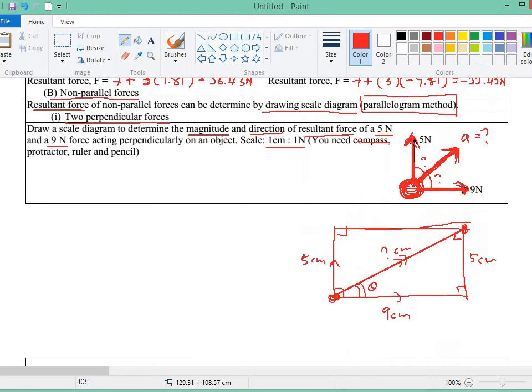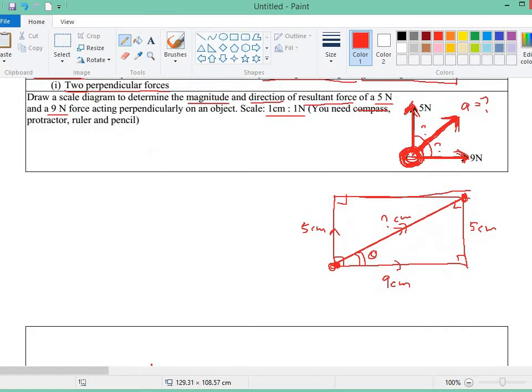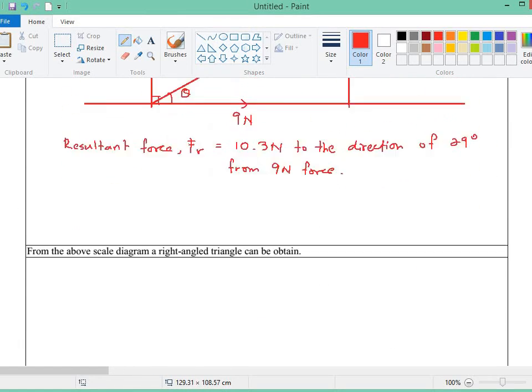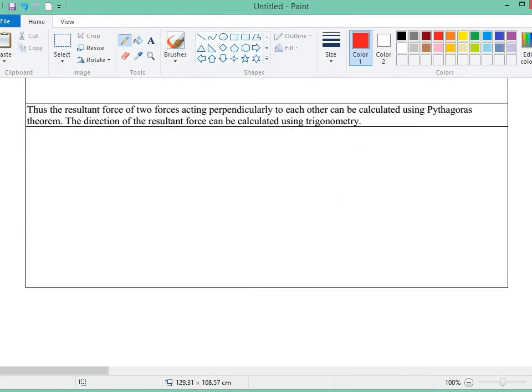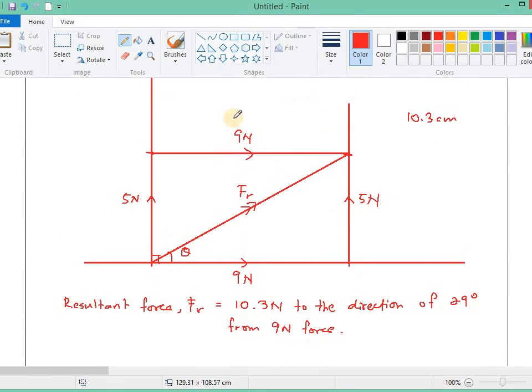Okay, so for this question, the 5 Newton and 9 Newton are pulling on the object. That means like this. Let me copy this.